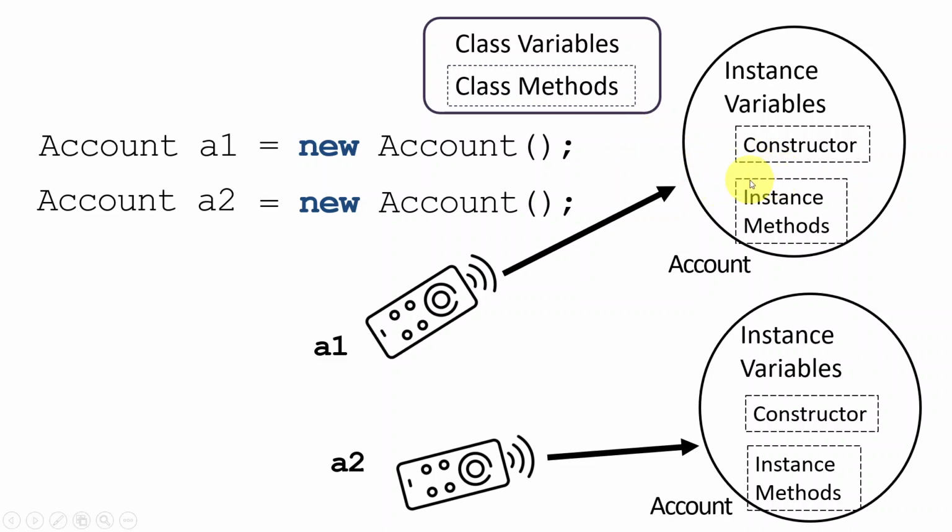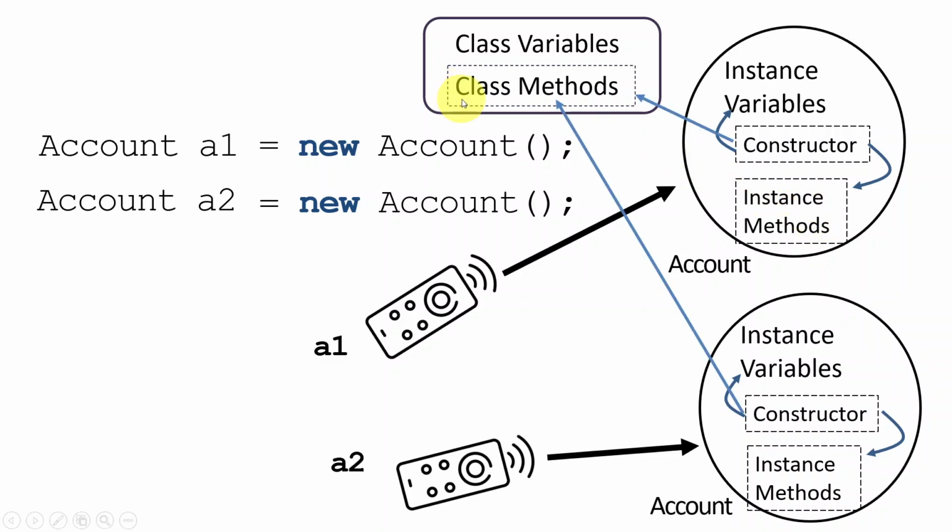Now let's see how these components can interact with each other. So let's start with the constructor. The constructor is called when an object is created. Your constructor has access to the instance variables, and also your constructor can call other instance methods. The constructor can call the class methods as well.